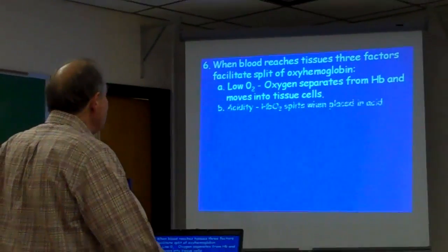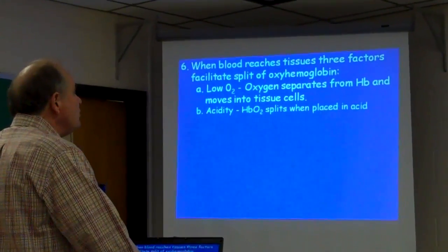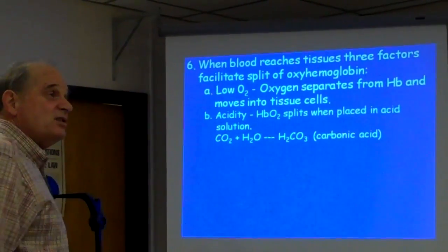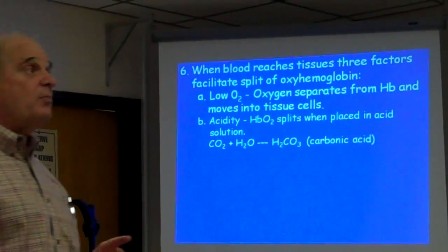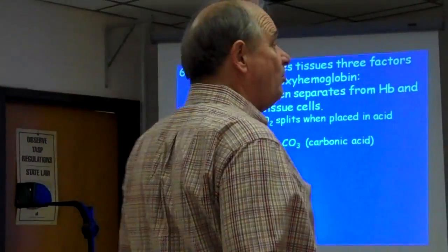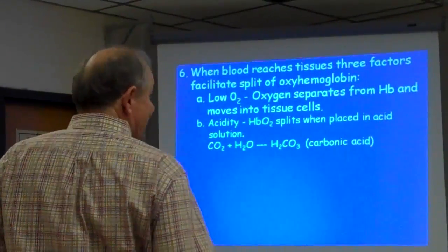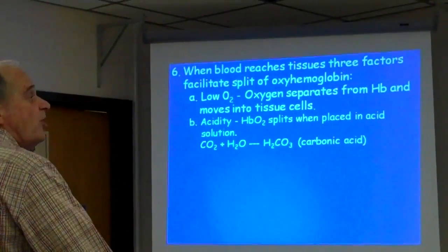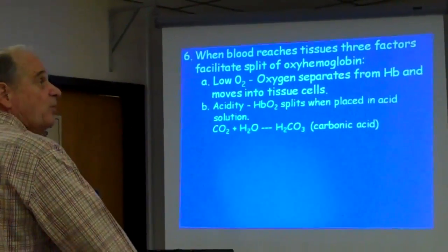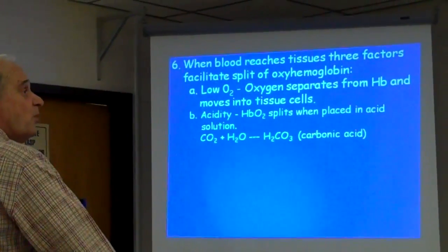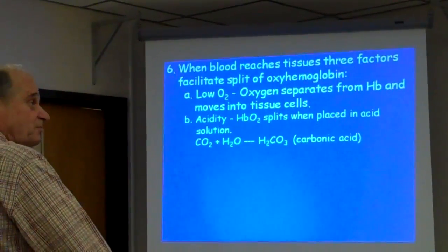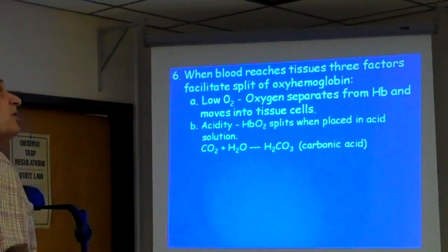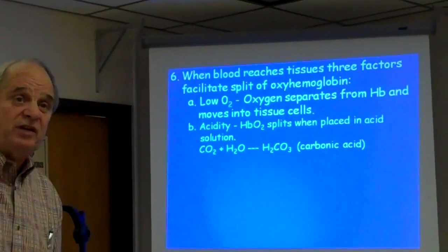That's interesting, that's good. All right, acidity: HbO2 splits when placed in an acid solution. What acids? Carbonic acid is one, which we'll talk about when we discuss carbon dioxide transport. Also in our 2401 class, we've been talking about muscle contraction, and there's a certain amount of anaerobic contraction that goes on.